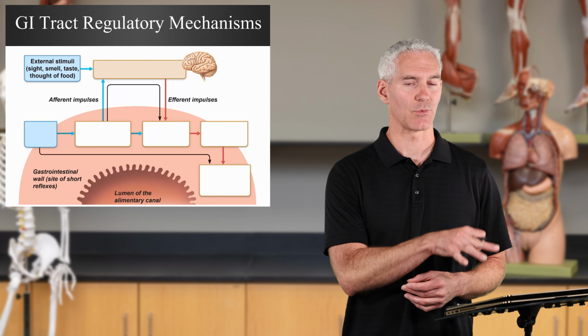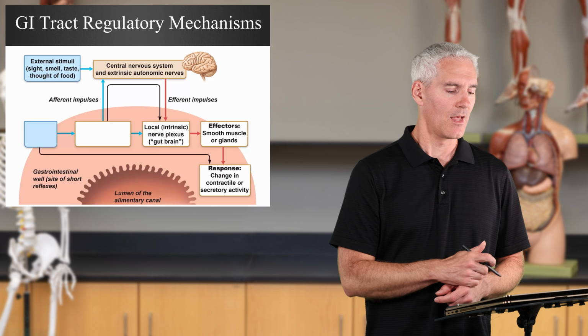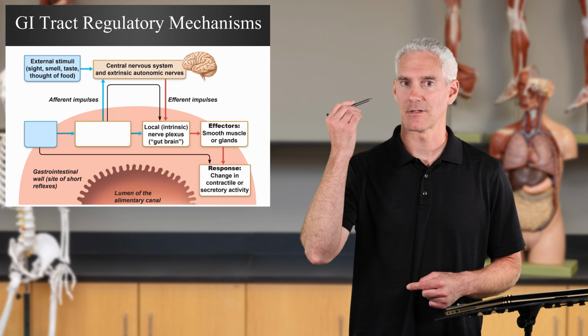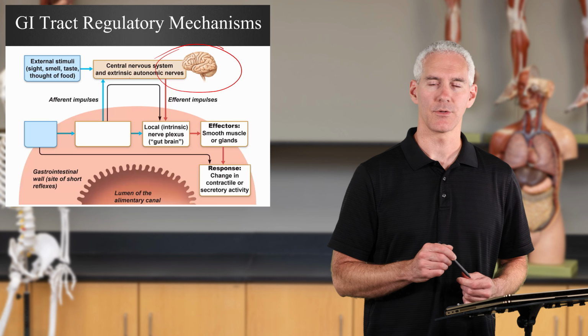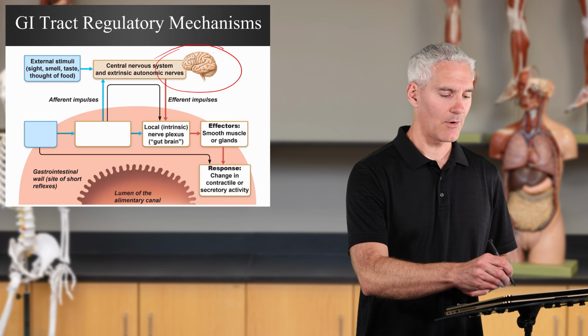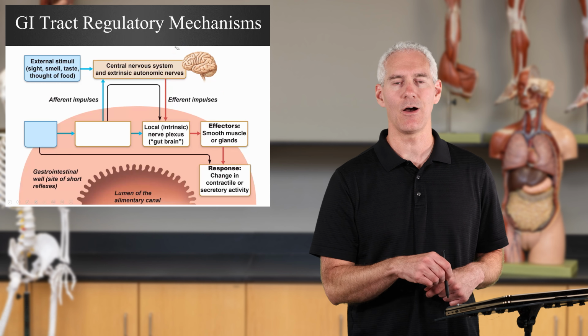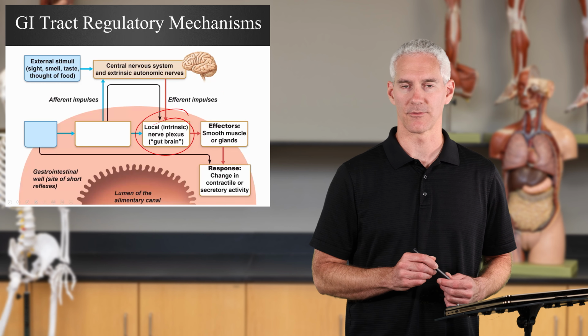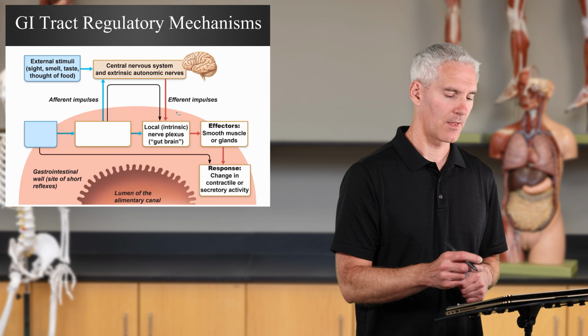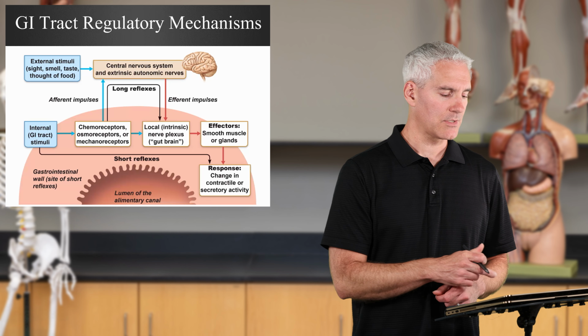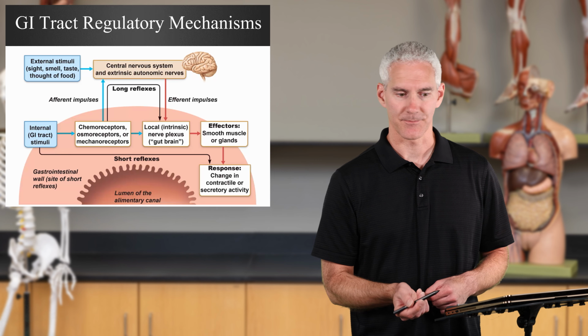All right, just to refresh, we've seen this, but to refresh. External stimuli, so seeing, thinking about food, smelling food, is all coming through the brain. So this now is being sent from the brain down into the local intrinsic nerve plexus, which controls the actual small intestines. But then you also have the internal stimuli.